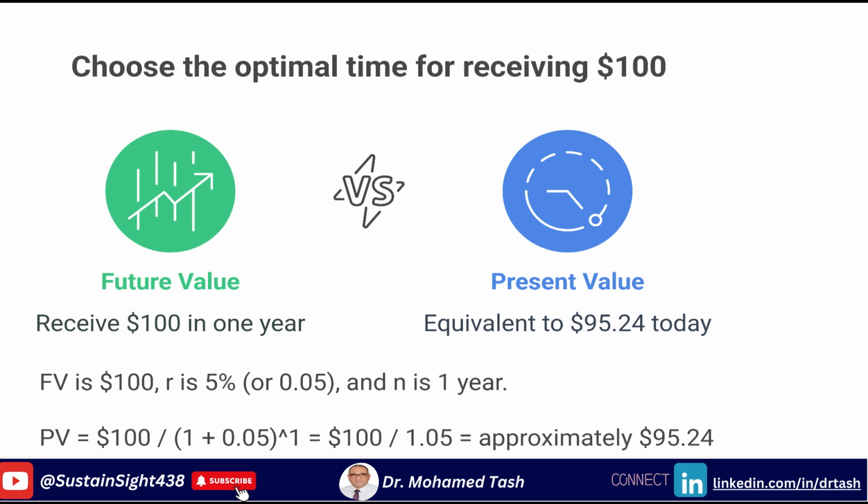This means receiving $100 a year from now is equivalent to receiving about $95.24 today, given a 5% discount rate.